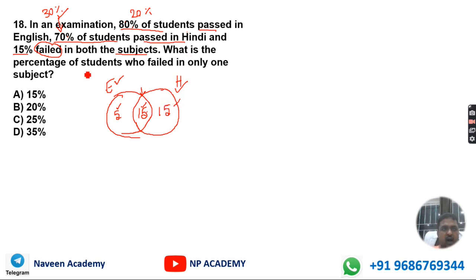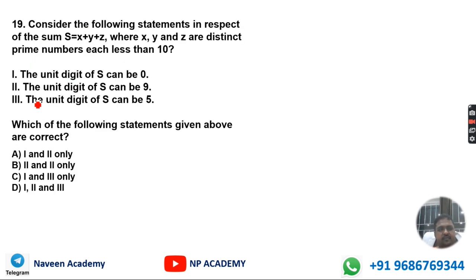So they're asking what is the percentage of students who failed in only one subject. Only one subject means English only one is 5%, only Hindi 15%, 15 plus 5 will be 20%. So option B is the right answer. I hope it is clear, my dear friends. Beautiful problem, simple problem. We'll go to the next one.